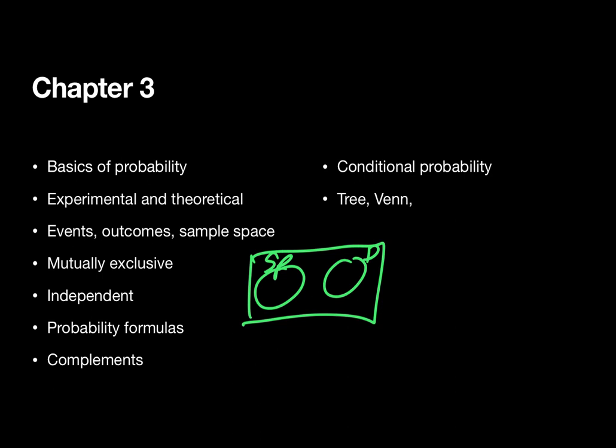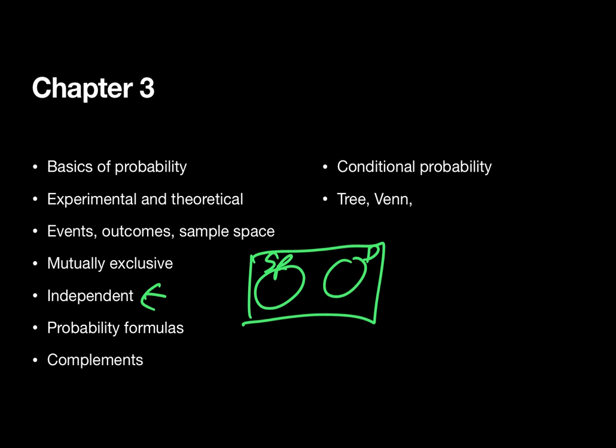Not the same as independent. Independent means knowing the outcome of one event does not change the probability of another event. If we knew a card was a diamond, the probability of a face card is the same as the probability of a face card in the entire deck. Again, we covered that in class one time.